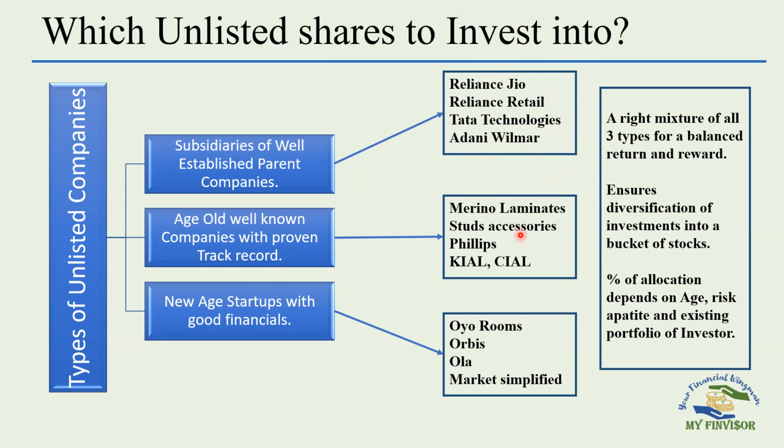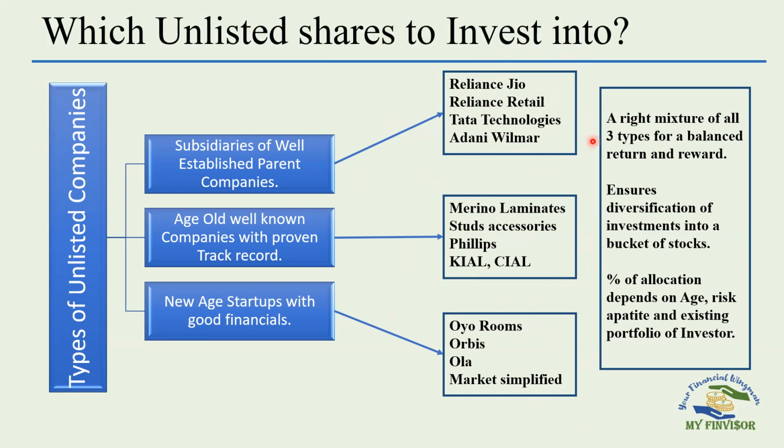And then some allocation, maybe 30%, 40%, into these companies which have good growth potential and are available at good prices. And then the new age startups where it is risky to invest, but yet again you have high reward ratios.